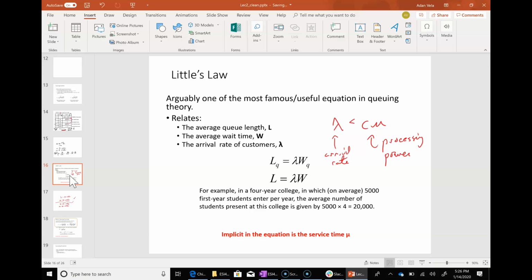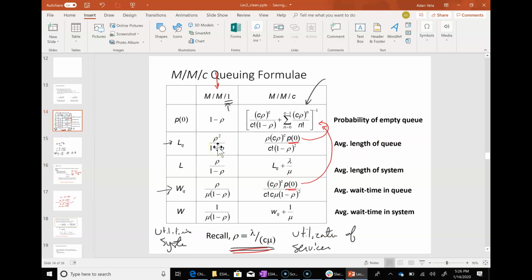Or you could call it your processing rate, it doesn't matter. So this is a requirement. Not only is it a requirement for Little's law, it's a requirement for all these equations. So before you use any of these equations, calculate what lambda is and compare it to c times mu.